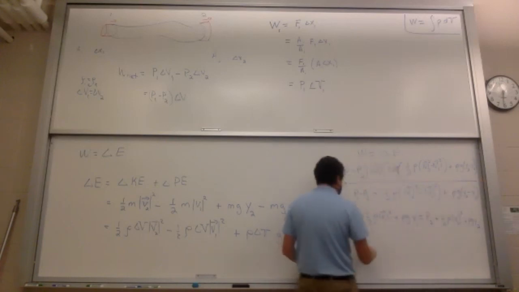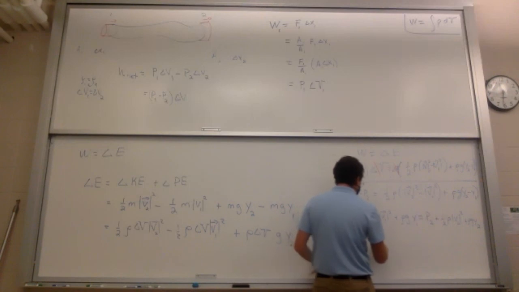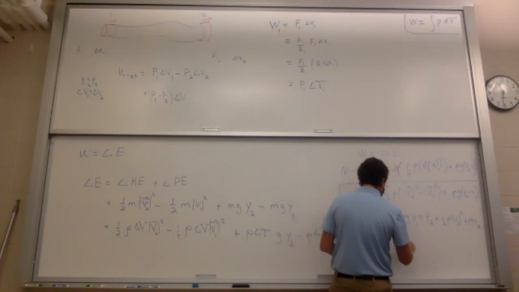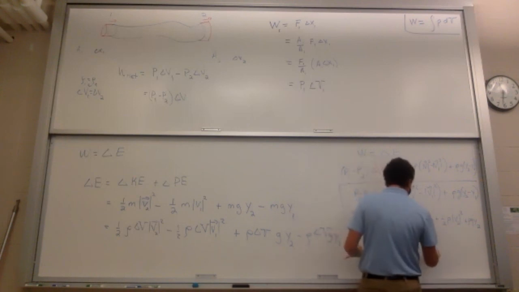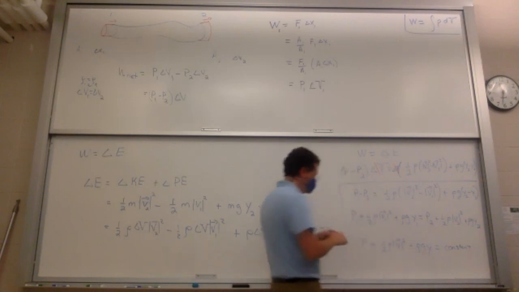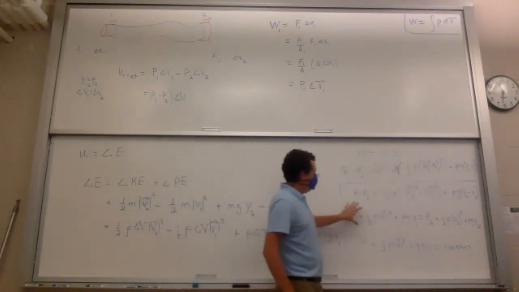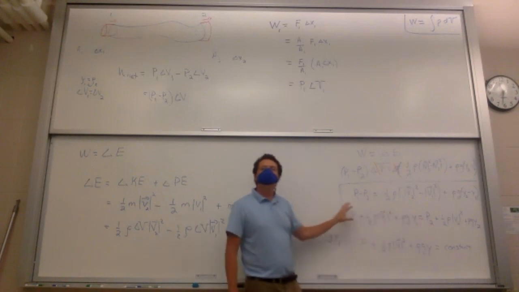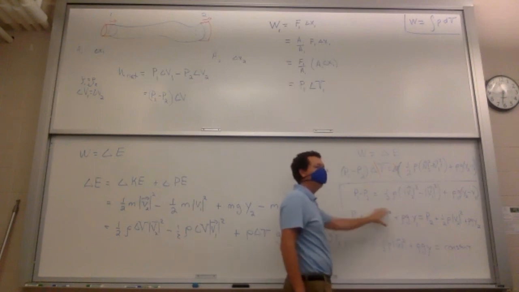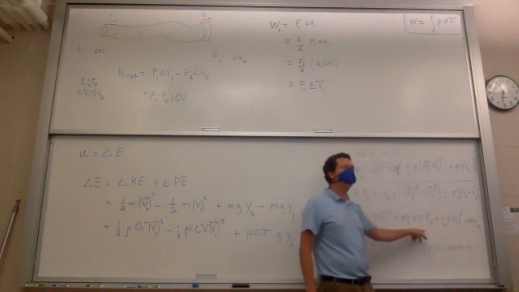Another way to write this thing is the following. Sometimes people just say P plus 1/2 rho times the velocity squared plus density times g times the height equals a constant. The idea is, this is all information that lives on one side, and this is all information that lives on the other side.